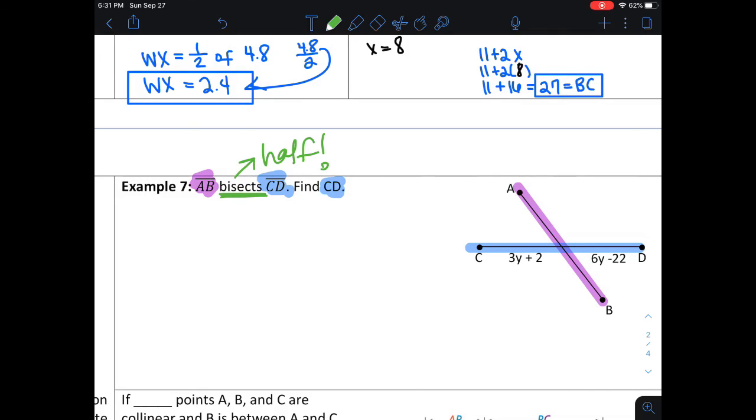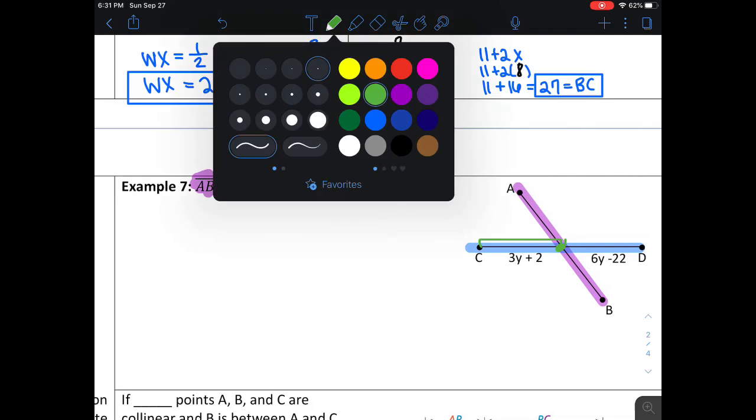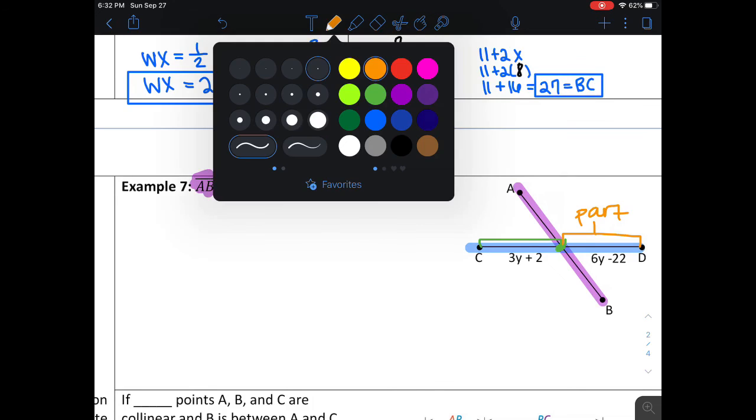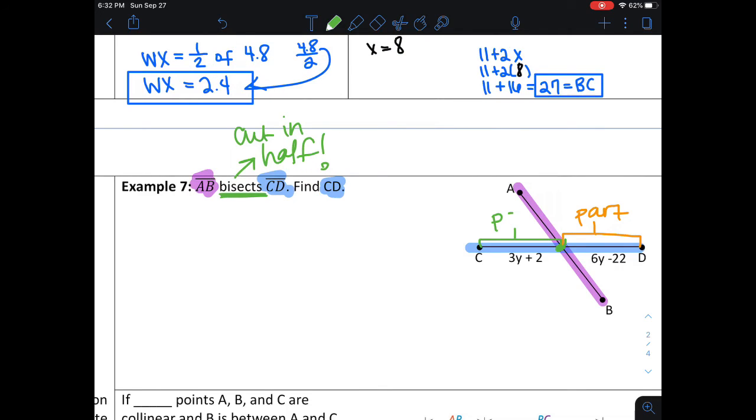Half. You know what? Let me write the whole thing. Cut in half. So that means this side, and use a different color actually, this side are equal because the little point in the middle is half. So this part and the green part are equal to each other.